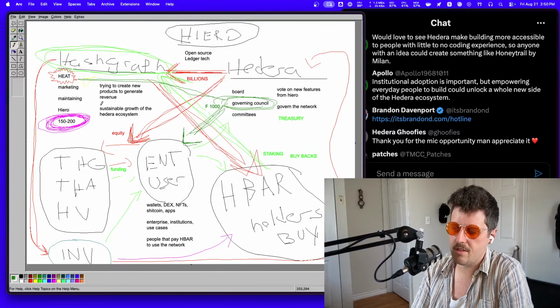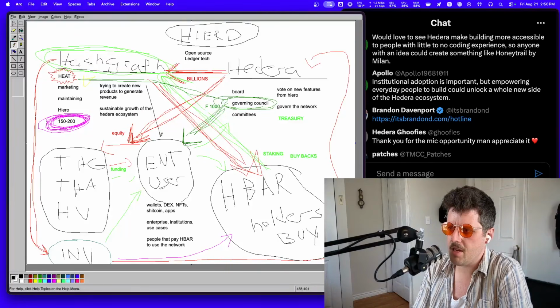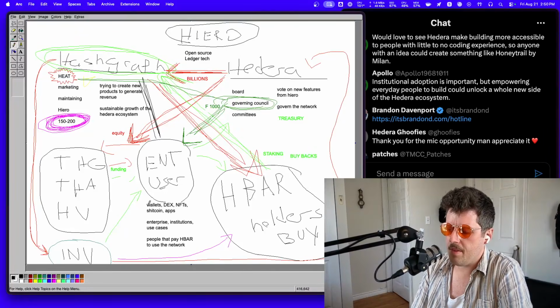The other challenge is that if Hashgraph is working on a lot of different products in the space, then that could be competing with the end users and other enterprises. So if we've got people trying to build things here and Hashgraph is building some similar stuff, what does that mean? That could also cause a problem.